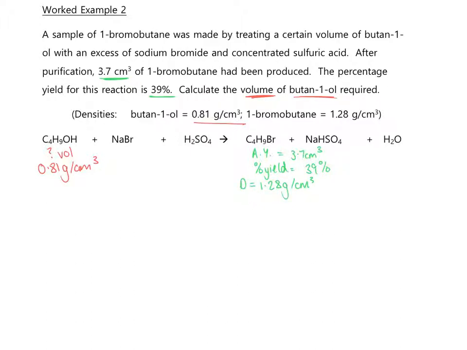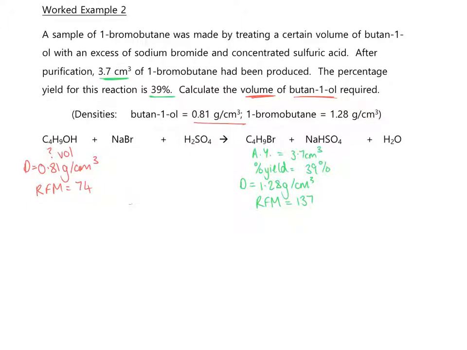That's my density value. Okay, and one other thing we'll need is our RFM of both of these things. We worked these out in a previous calculation, but again, you can pause and work them out if you like. The RFM of bromobutane is 137. The RFM of our butan-1-ol is 74.